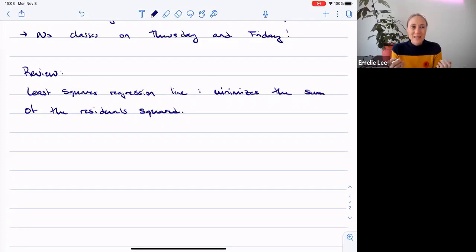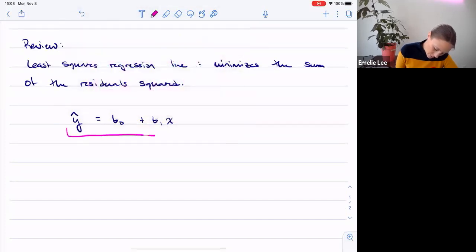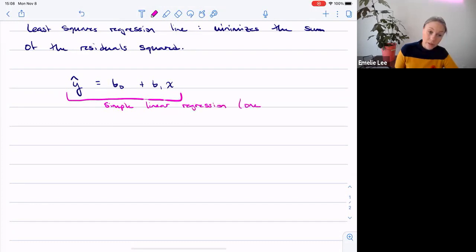And that is the least squares regression line: y hat equals b naught plus b1x. This is what we call simple linear regression, because there's only one independent variable, so only one x.